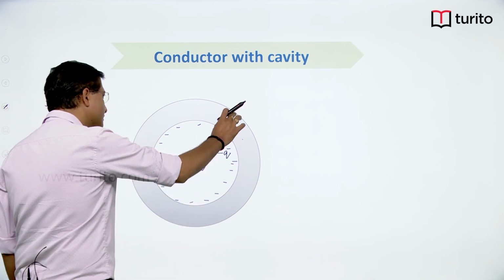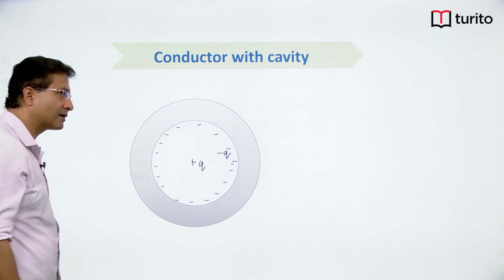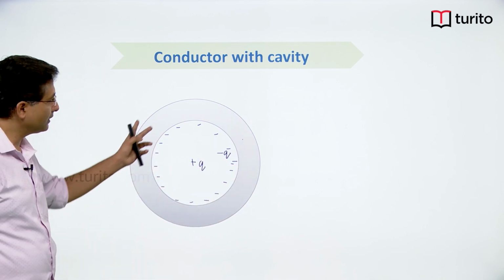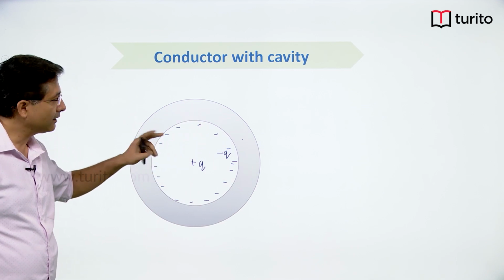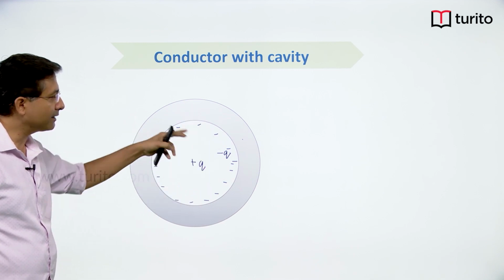But the problem is we did not give any charge to the conductor, right. Inner wall got minus q charge.